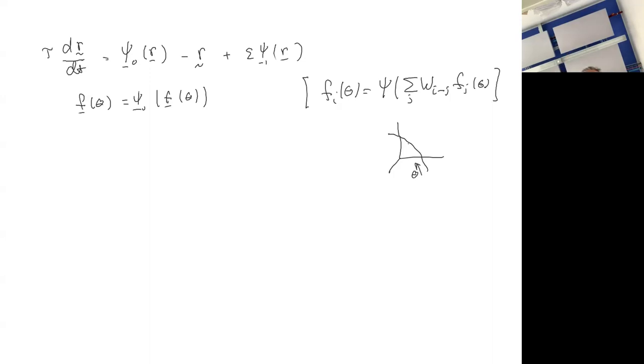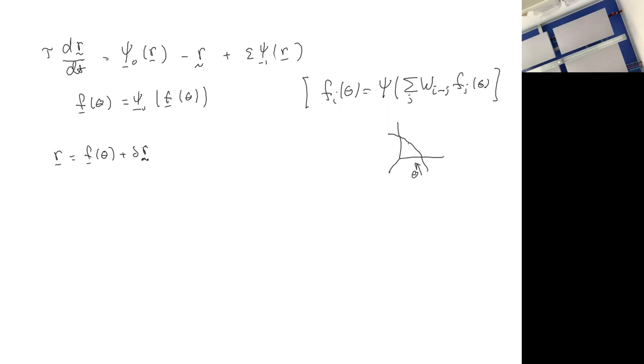And we're going to do the exact same thing we did for a point attractor. We're going to let r equal f of theta naught plus delta r.